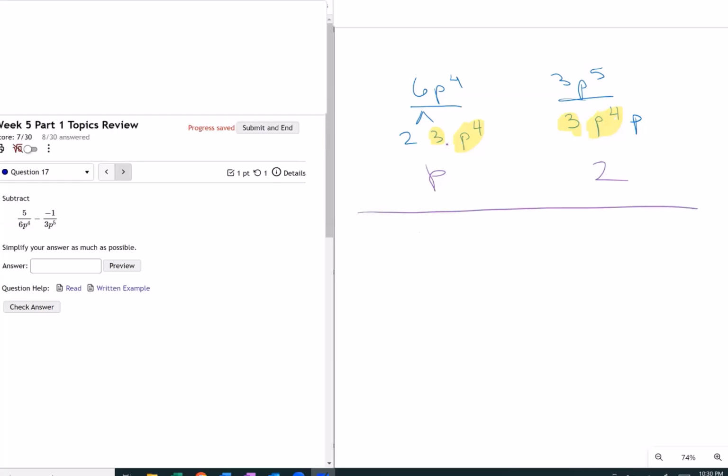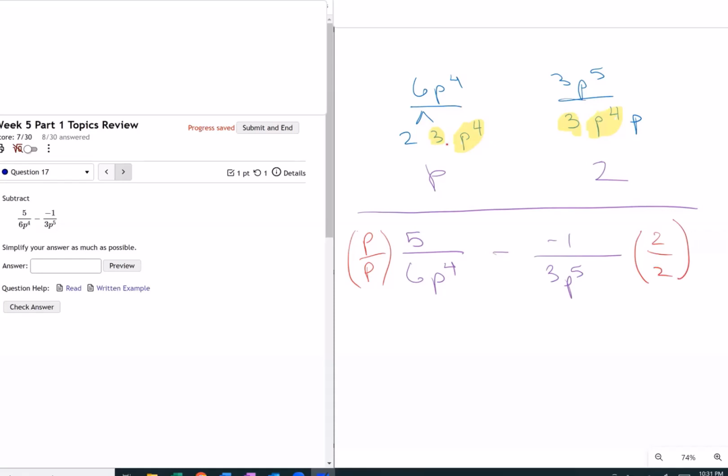I have 5 over 6p to the 4th minus 1 over 3p to the 5th. Now I'm going to multiply this by p over p and this by 2 over 2.